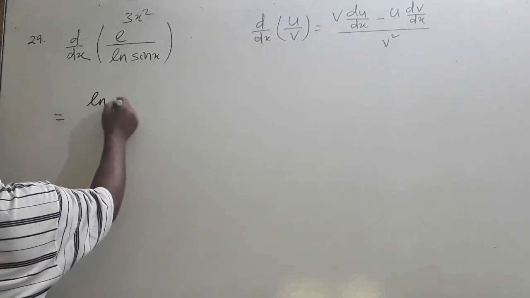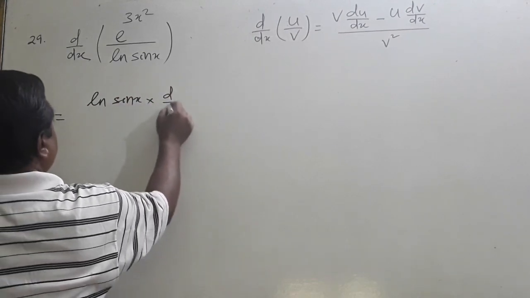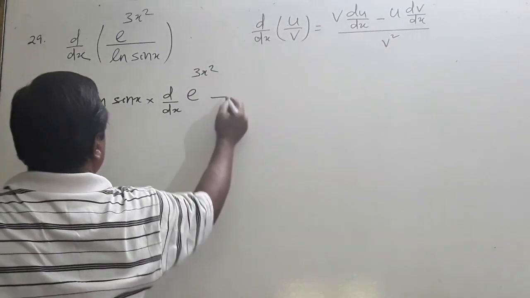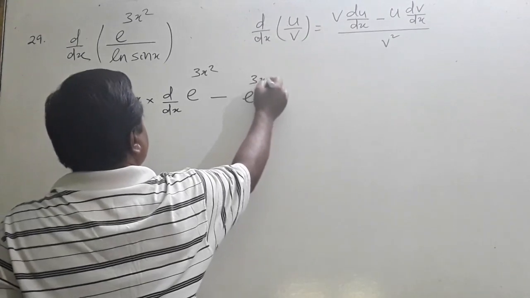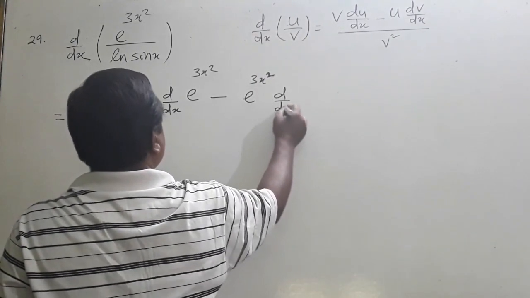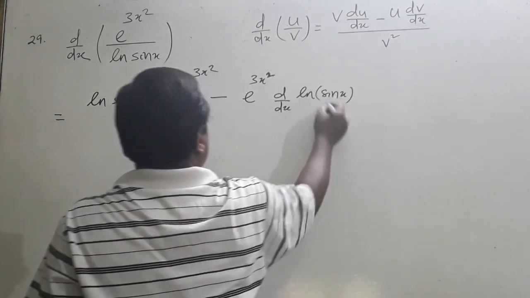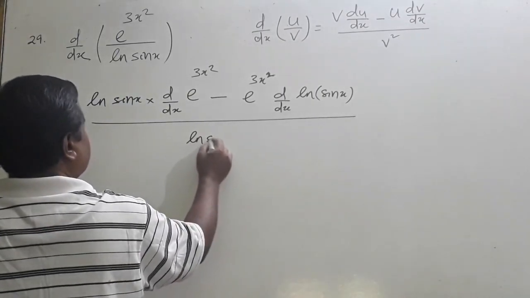Here v means ln sin x into d/dx of e to the power 3x square, minus u. U means e to the power 3x square into d/dx of ln sin x, divided by ln sin x whole square.